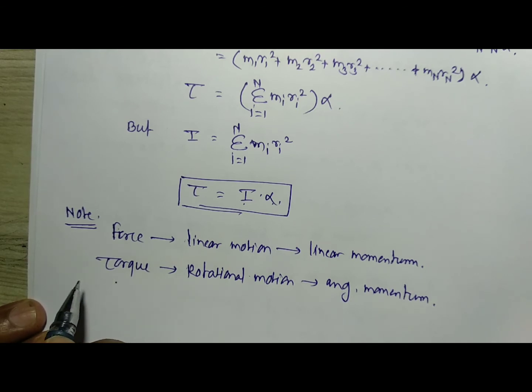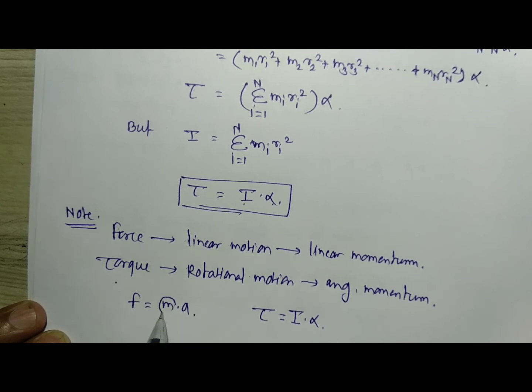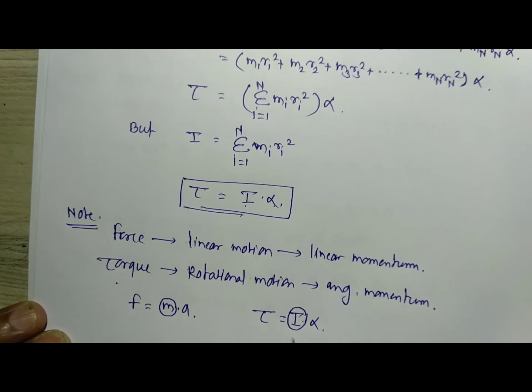Just we have to take the consideration related to that. Force is equal to mass into acceleration, and torque is equal to moment of inertia into alpha, or angular acceleration. We know that mass is the inertia in linear motion, and moment of inertia is the inertia in angular or rotational motion. Force is used to maintain linear motion, and torque is used to maintain rotational motion.